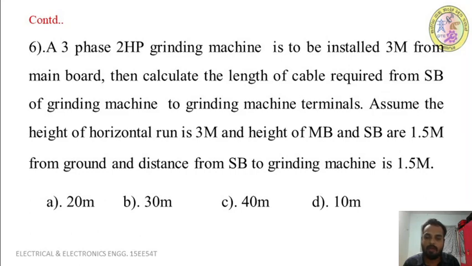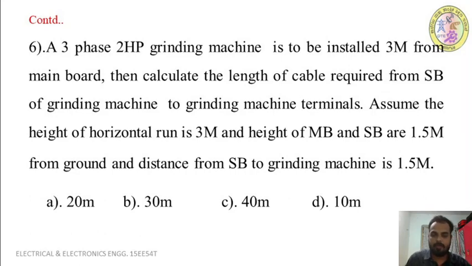Vertical drop 1.5 plus vertical rise 1.5 plus horizontal distance 1.5 plus extra 2, right? How much will you get? You will get 6.5 meter. So that is 6.5 meter into 3, because we require 3 cables, so it becomes 19.5, approximately 20 meter. The answer is A, 20 meter.